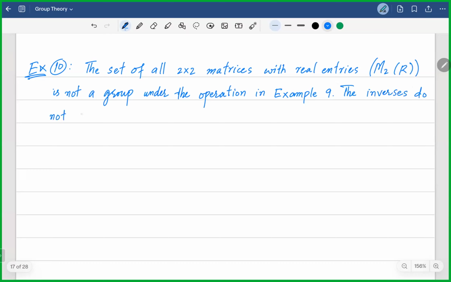Then U of n is a group under multiplication modulo n.